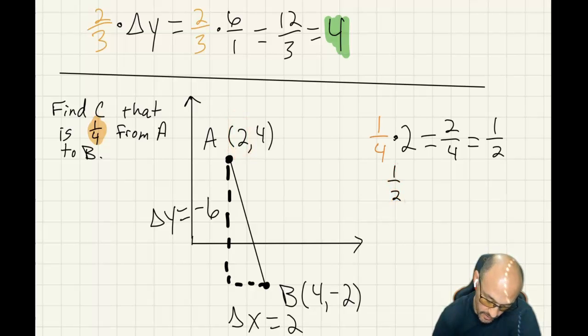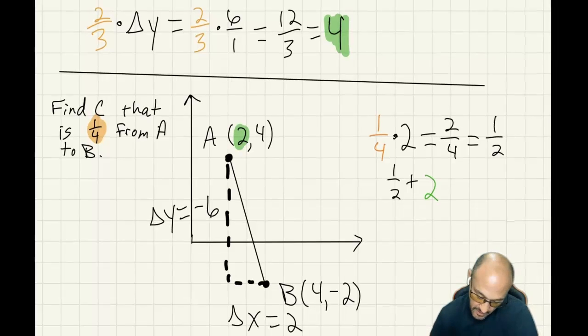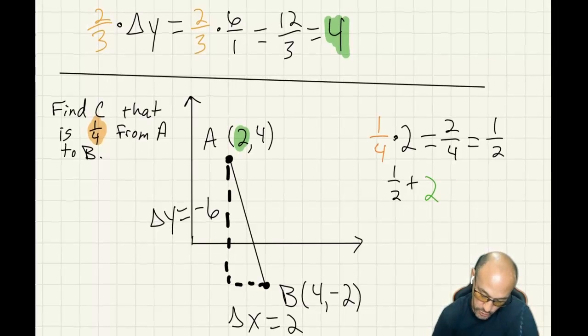So I'm going to take the green and add it to that. So we're adding that 1/2 to 2. Because we are moving to the right, that's why we're adding. And that's going to be 2.5 or 2 and 1/2. You can think of it either way.